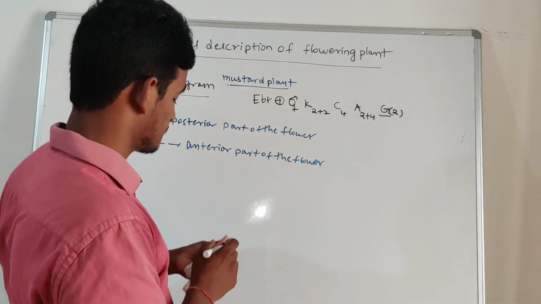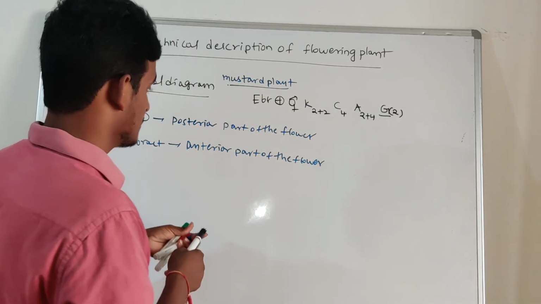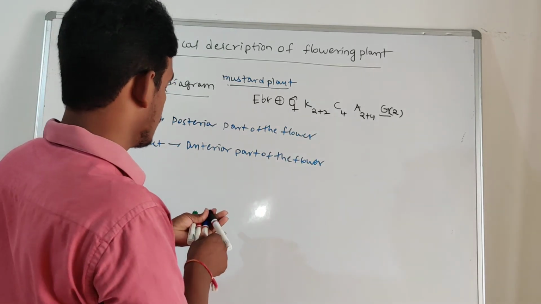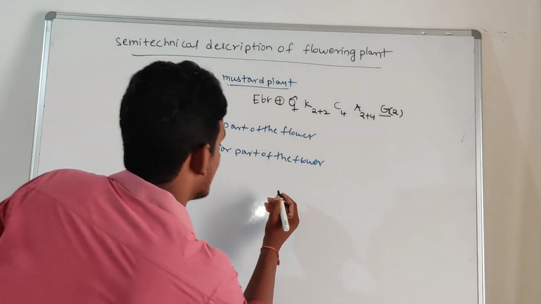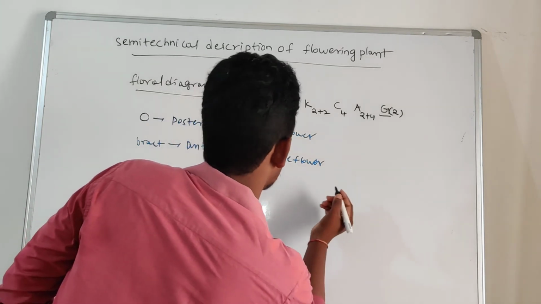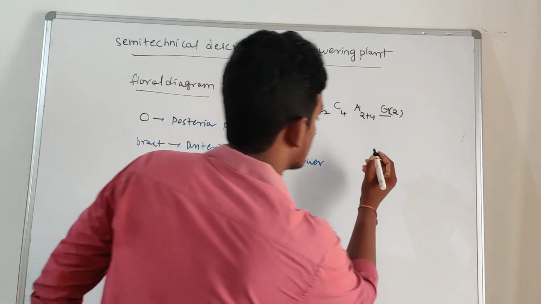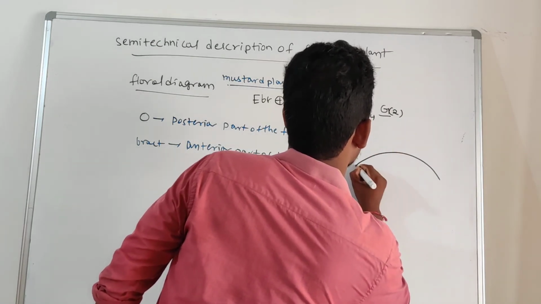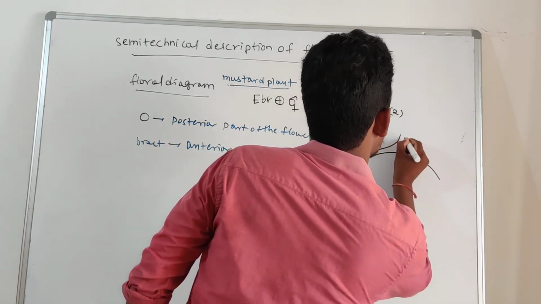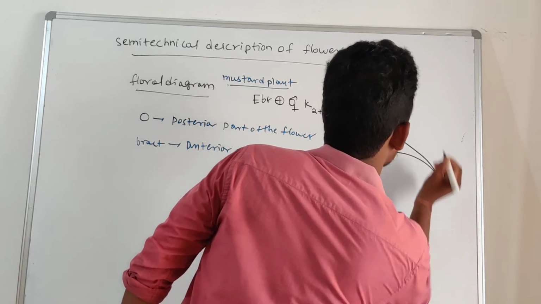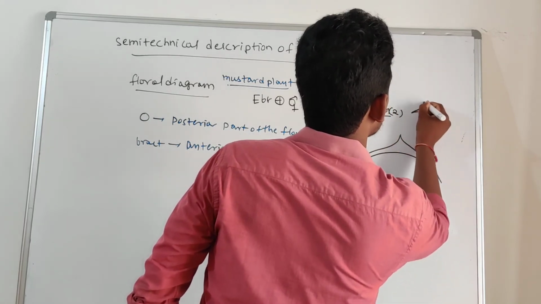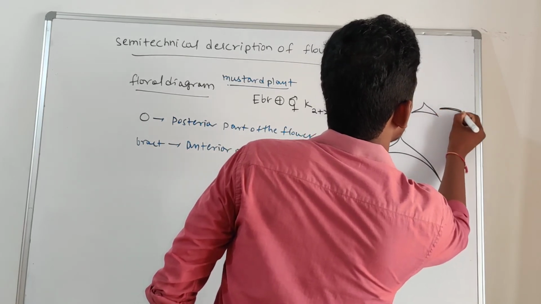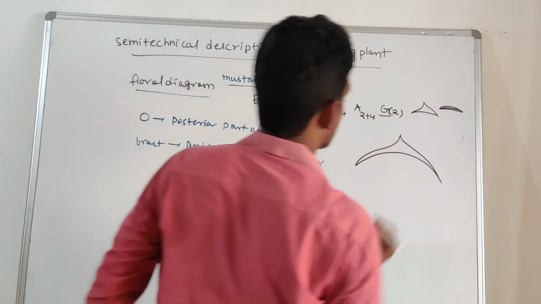So see. How many sepals are present? Those are 4 in number. So here the sepals are indicated in this way. Sepals are indicated with this symbol and petals are indicated with this symbol, right?